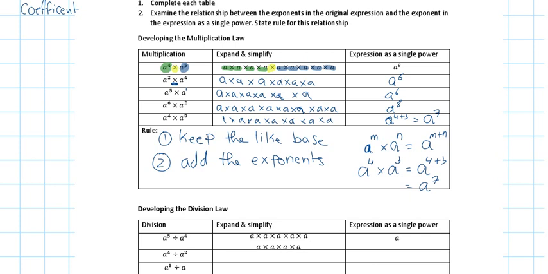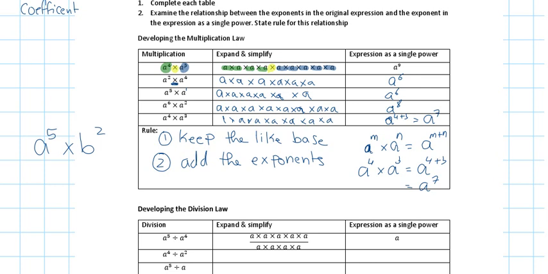Now, we're going to look at the division law. So does this work, what we just did? Does it work if I have this? No. Why not? The bases are not the same. I can't just add the exponent here. This can't be simplified.